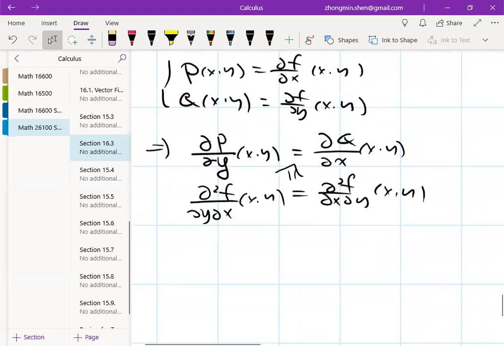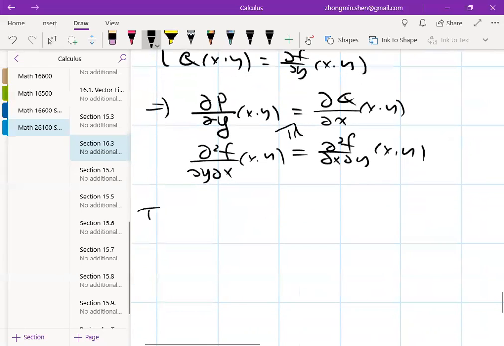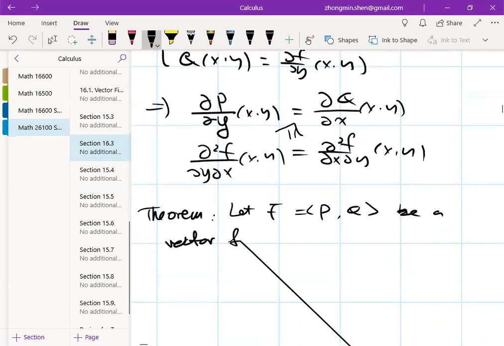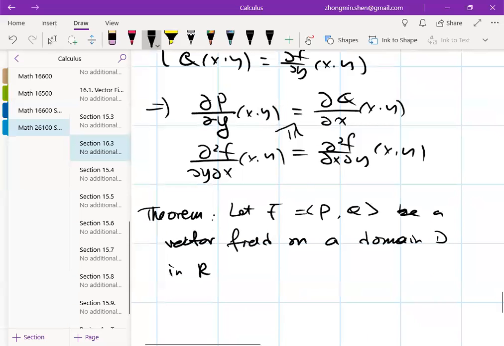We have the following theorem. Let F equal (P, Q) be a vector field on a domain D in R2.